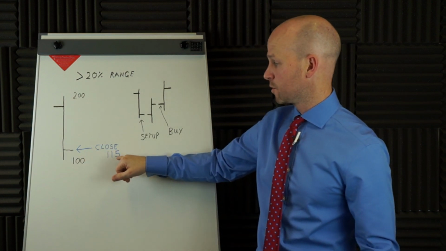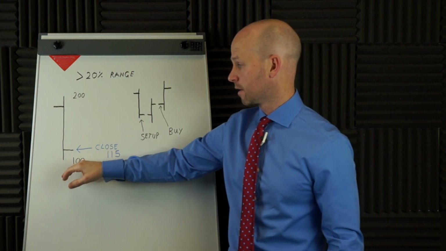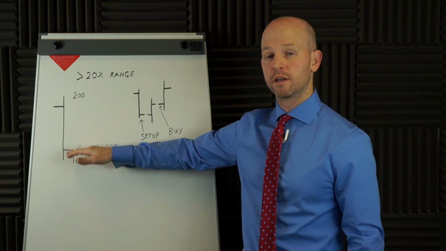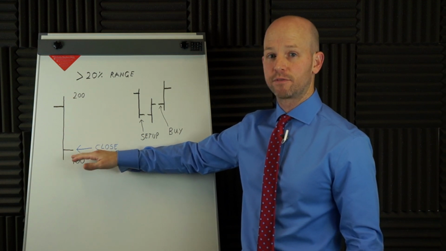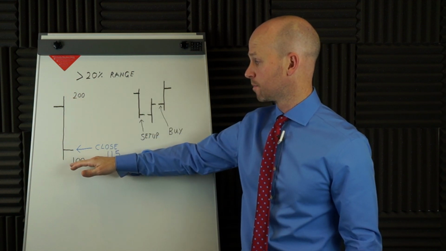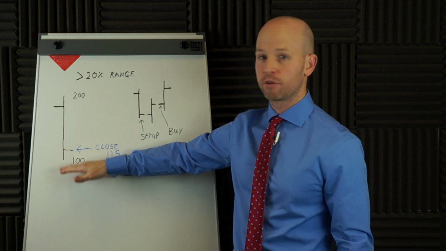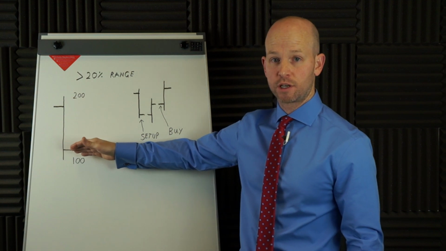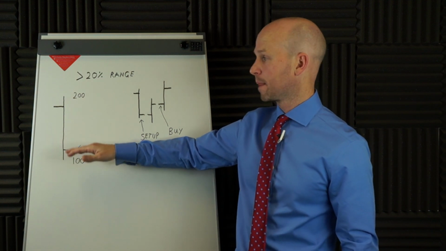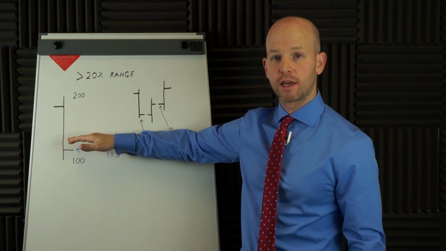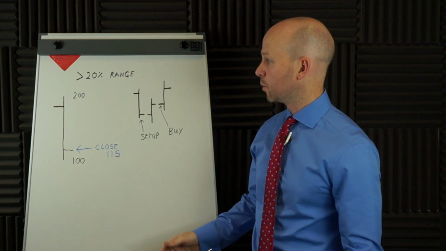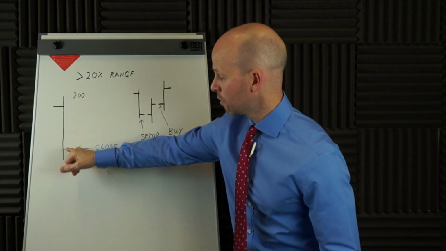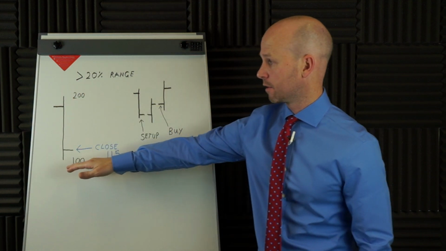So if this closed at 115, then that closed within that lower 15% of the range. If it was to close at 119, we'd still take the trade. If it was to close at 125, then it would be above that lower 20%. Okay, so we're looking for a close that's in the lower 20% of the range.